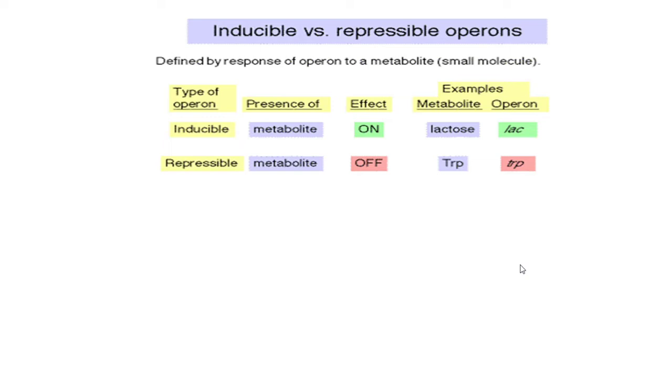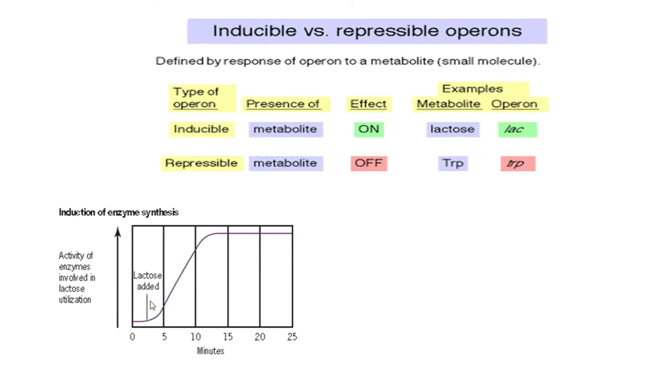So let us see a little bit more about this difference between the inducible and repressible operon. When the metabolite is present, the inducible operon will be switched on. When the metabolite is absent, it will remain in switch off mode. For example, Lac Operon, the metabolite is lactose.